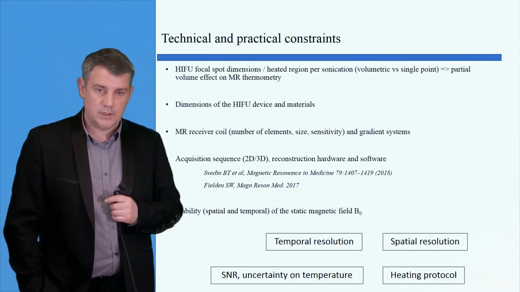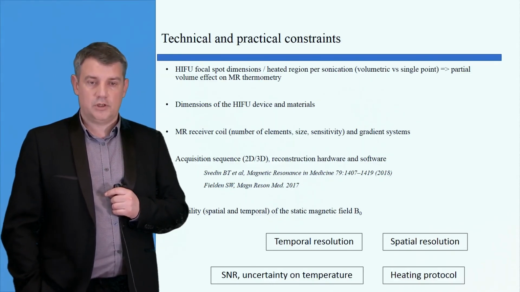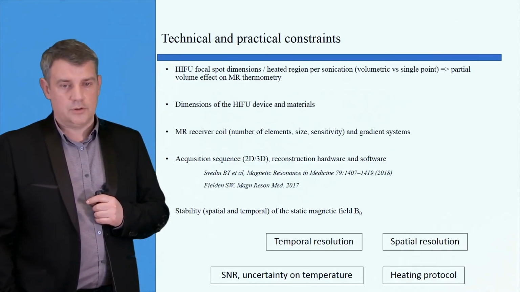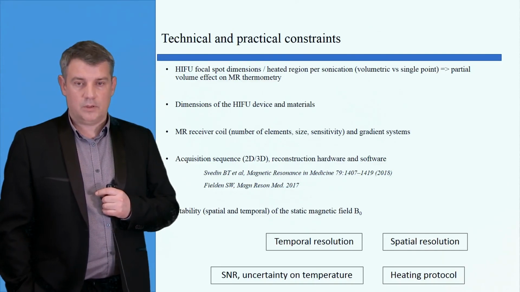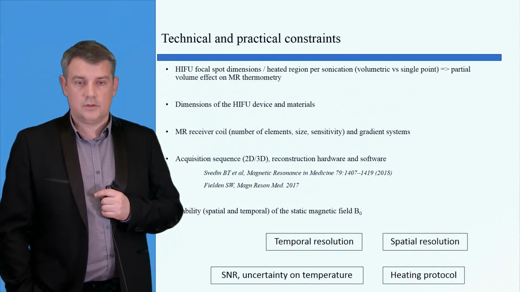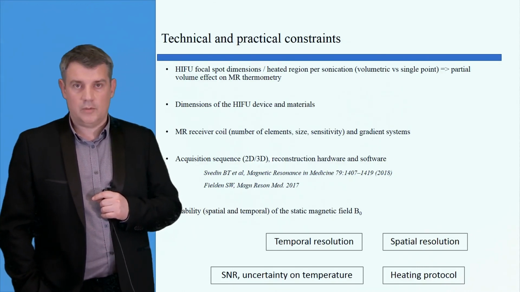In other words, you need for each application to define what are the requirements in terms of spatial resolution and temporal resolution. Then, depending on your hardware and device, what will be your signal-to-noise ratio and uncertainty in temperature, and what is the heating protocol you're aiming to do.